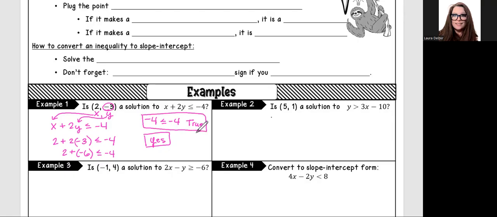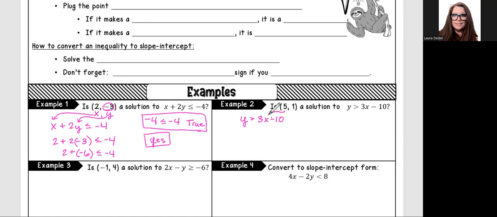Let's look at this next one. Is (5, 1) a solution to y is greater than 3x minus 10? I'm going to write my inequality over again because it helps me focus on what's going on.